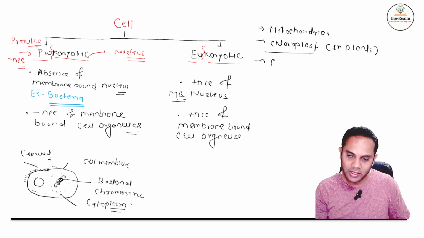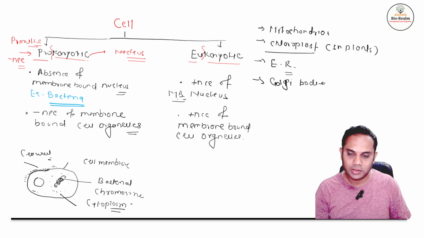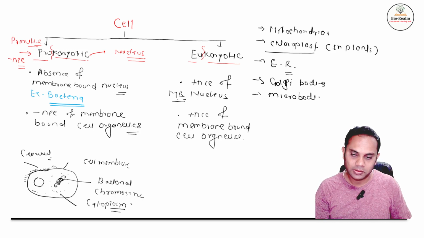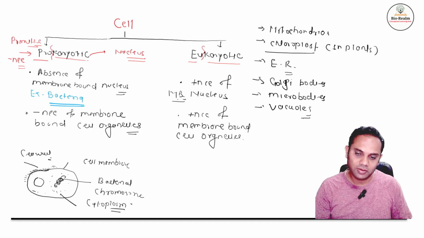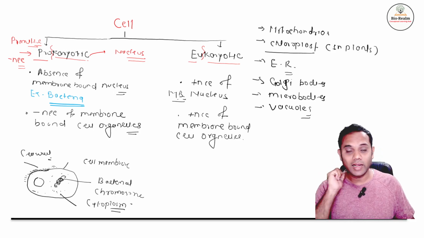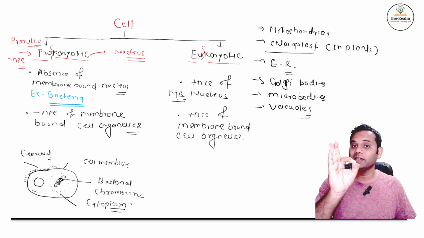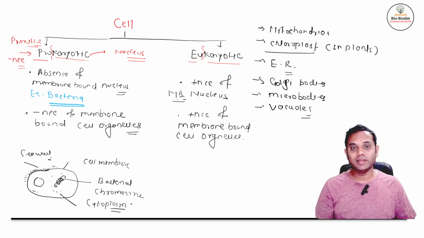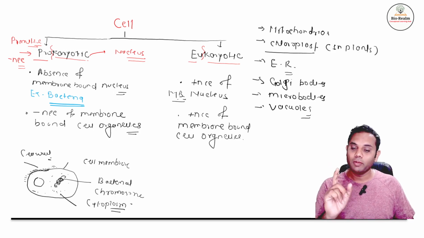Then there is ER, means endoplasmic reticulum. Then Golgi bodies, microbodies, vacuoles are there. So these are the membrane bound organelles which are exclusively present in the eukaryotic cell, but these membrane bound organelles are absent in case of prokaryotic cell.